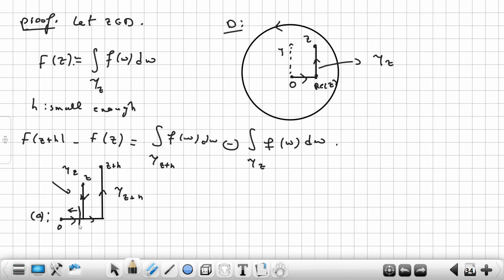So this part we will get rid of, and we find that we just need to integrate over this part here, the left part.